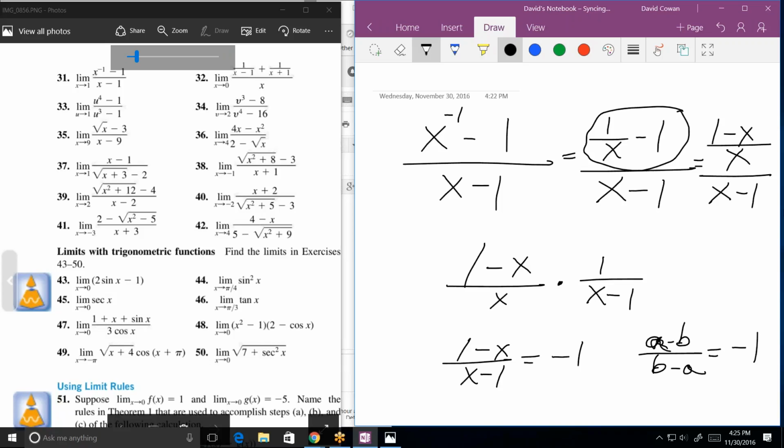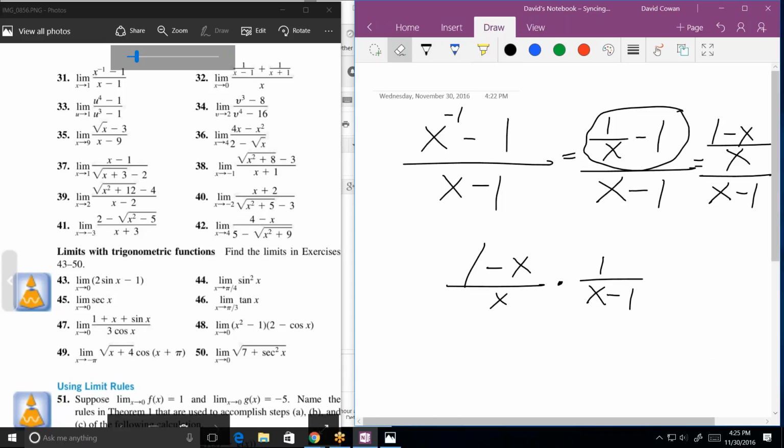Remember that, because that'll be the trickiest problem you face, or ones like this, where typically you're looking for identical things to cancel. These aren't identical. 1 minus x over x minus 1 is not identical, but it is equal to -1.